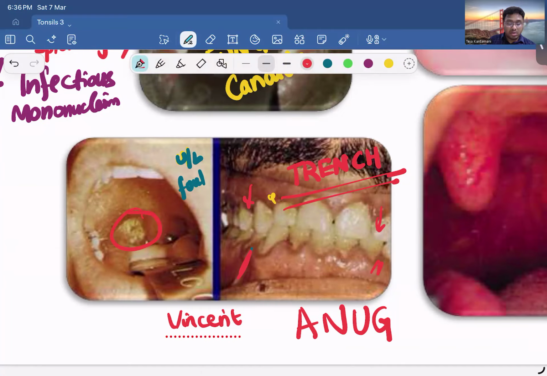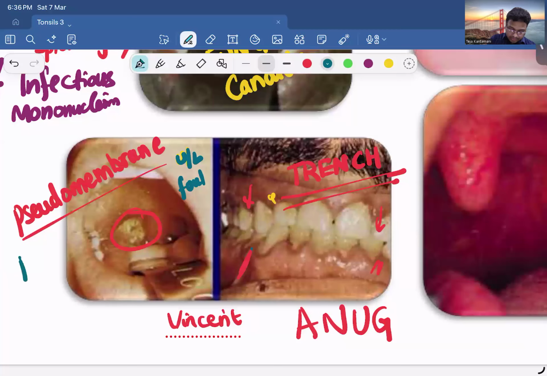Vincent's angina is caused by Borrelia vincenti. It is also known as trench mouth or acute necrotizing ulcerative gingivitis. It is seen again in the slightly immunocompromised. Here also there is a pseudomembrane. So whenever pseudomembrane is mentioned, you don't only think about diphtheria. Here also there is pseudomembrane because of exudates, but here you can remove it easily.